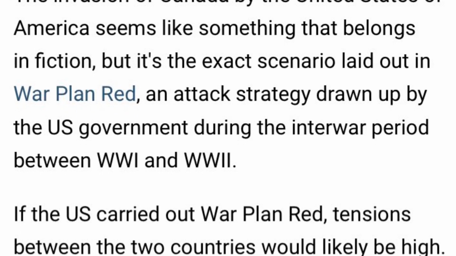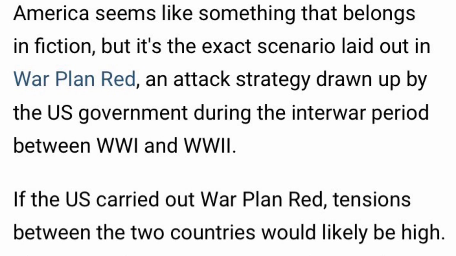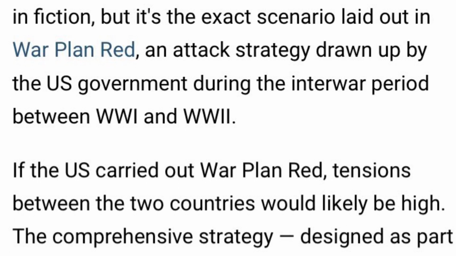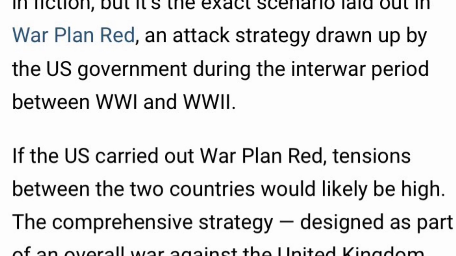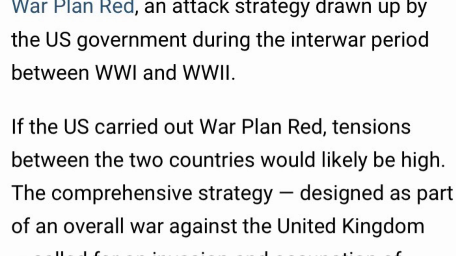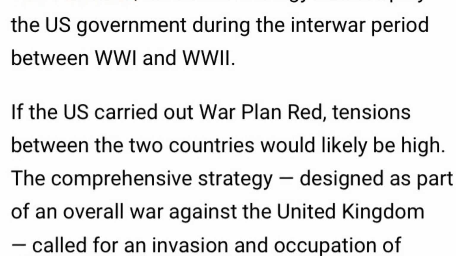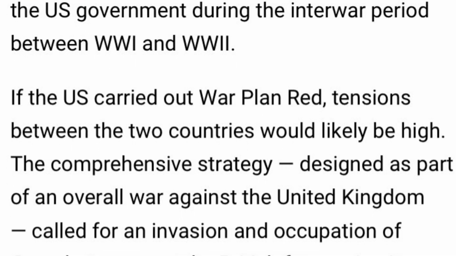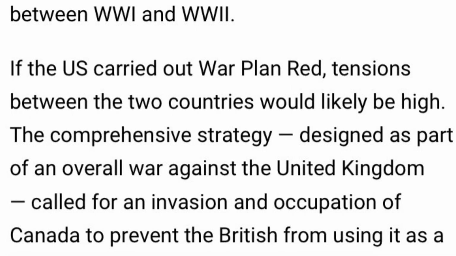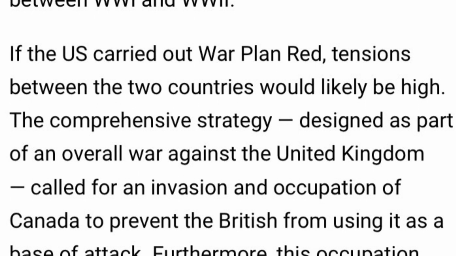If the U.S. carried out War Plan Red, tensions between the two countries would likely be high. The comprehensive strategy, designed as part of an overall war against the United Kingdom, called for an invasion and occupation of Canada to prevent the British from using it as a base of attack.